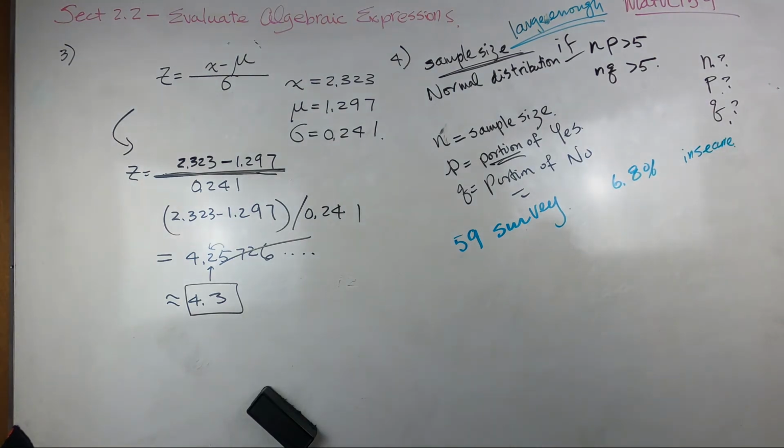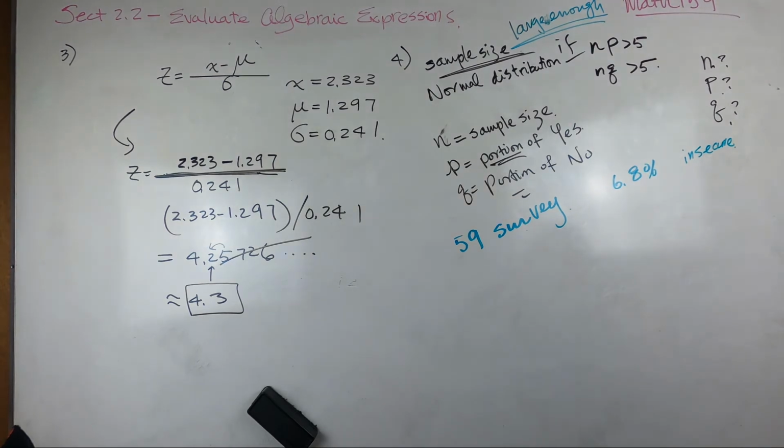Was the sample size enough to use the normal distribution? You look at the question, you don't even know what they are asking. So let's repeat: was the sample size large enough to use the normal distribution?